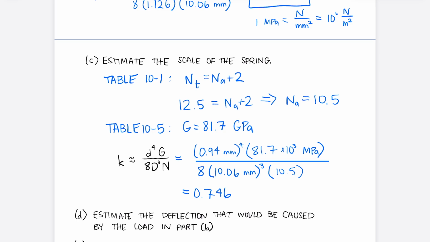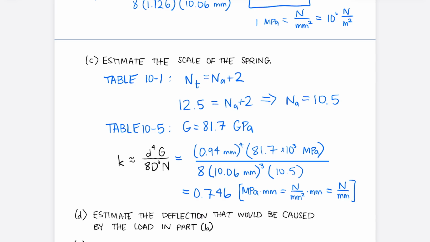I have megapascals on the top, and millimeters to the fourth power and then millimeters to the third power here. So those are going to mostly cancel, and my units end up being megapascals times millimeters. Remember that a megapascal is the same thing as a Newton per millimeter squared. So I multiply that by a millimeter, I can cancel one of those millimeters on the bottom, and my units are newtons per millimeter.